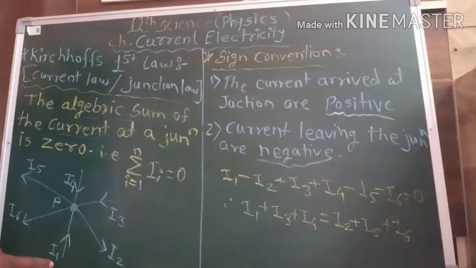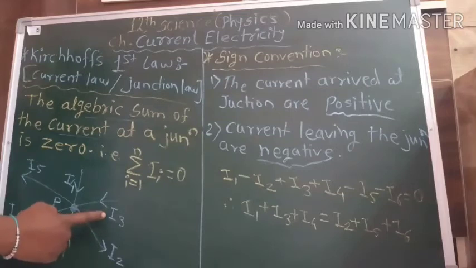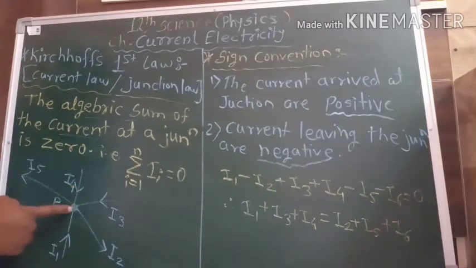In this figure, this current I1 flows towards the junction. This current I2 is leaving the junction, or away from the junction. The direction of I3 is also away from the junction.